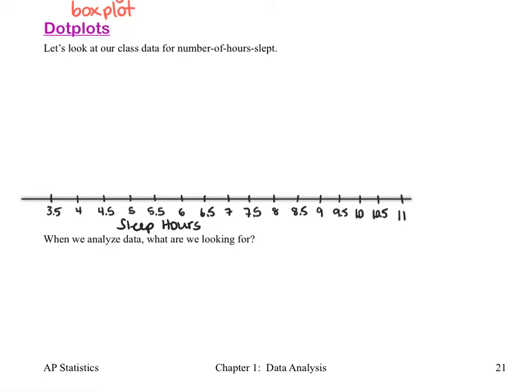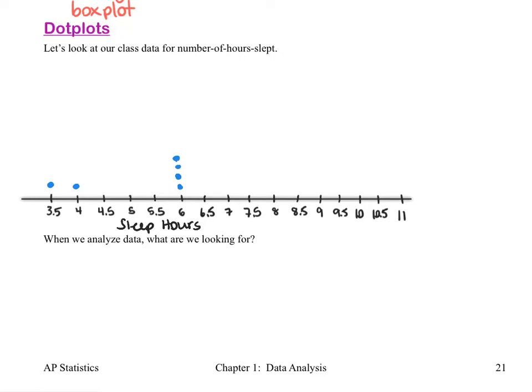So we have one dot at 3.5, we have one dot at 4, we have 1, 2, 3, 4 dots at 6, and then at 6.5 we have 1, 2, 3, 4, and I'm going to count the person who answered 6 to 7 hours as a 6.5.